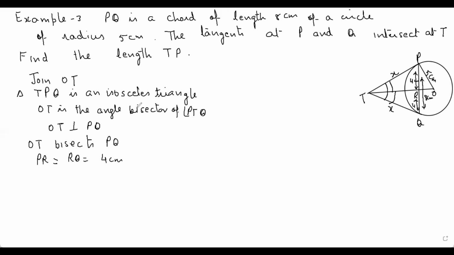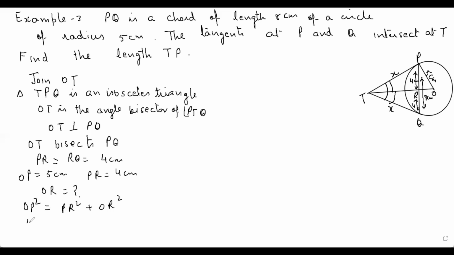Now OP is 5 centimeter, PR is 4 centimeter, and I am to find OR. OPR is a right angle triangle. So by Pythagoras, OP square is equal to PR square plus OR square.